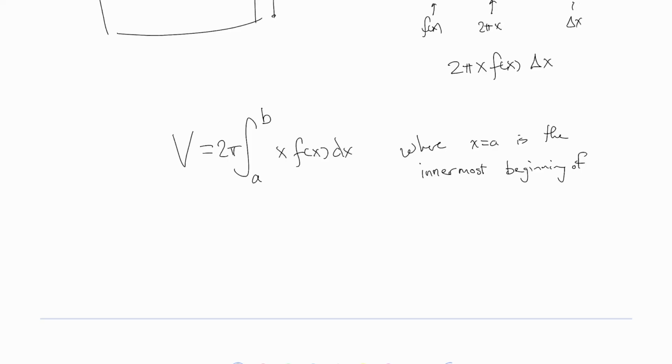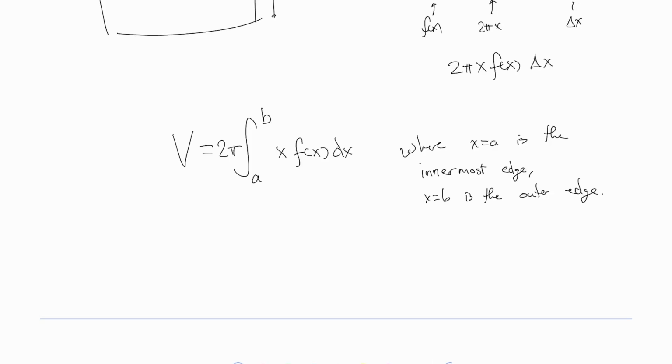I'm going to say edge instead of beginning, sorry. And x equals b is the outer edge. With the washers, I would say this more like the left end point and the right end point. This is more like the end point on the inside and the end point on the outside. This is slightly different, not such a big deal though.